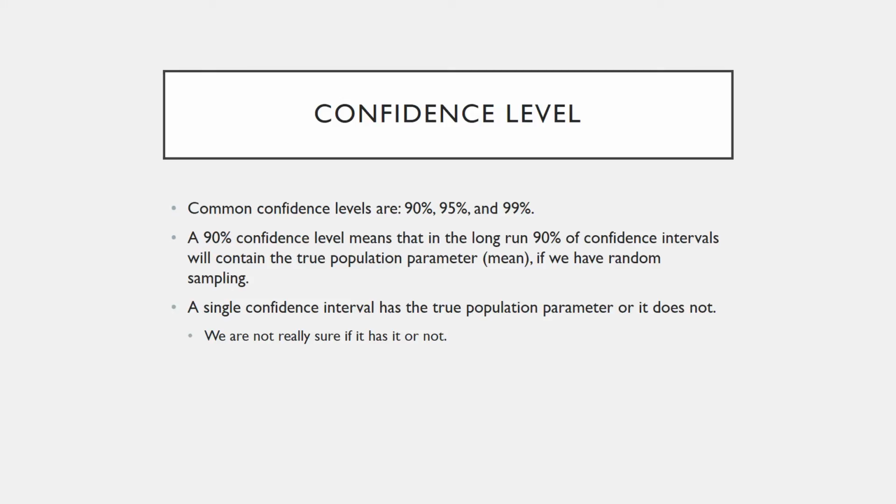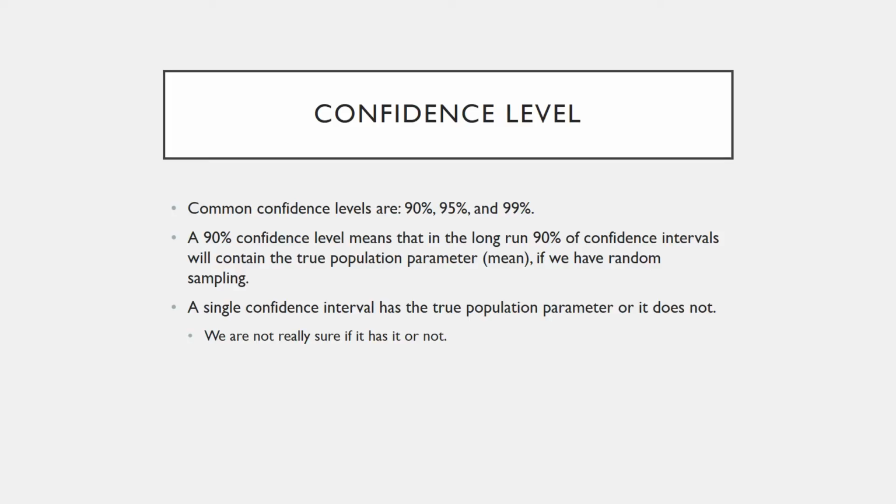Some common confidence levels, as I said before, are 90, 95, and 99%. The most common is 95%. A 90% confidence level, for example, means that in the long run, 90% of confidence intervals will contain the true population parameter, usually the mean or the difference of means, if you have random selection.